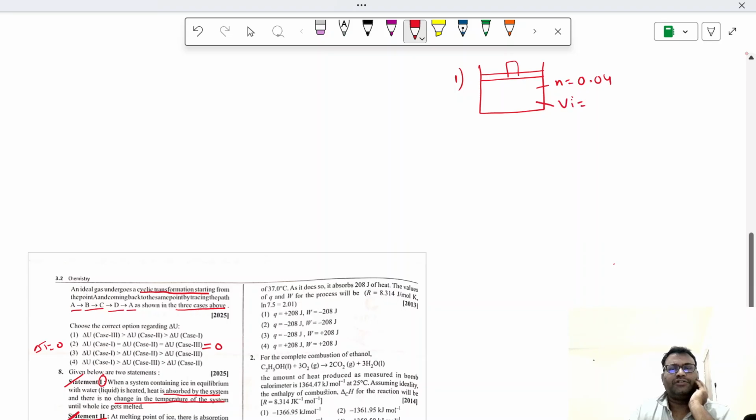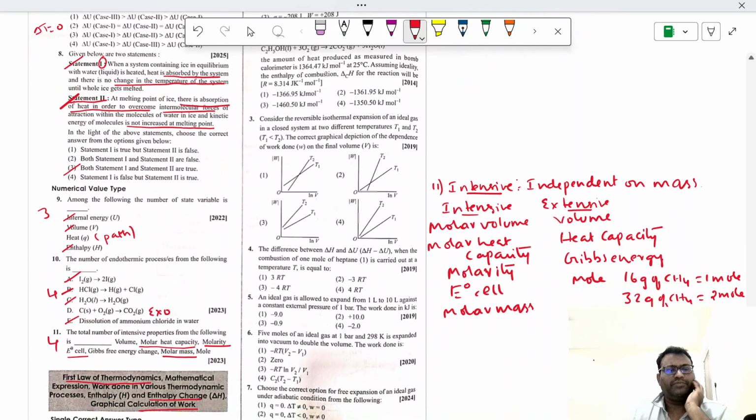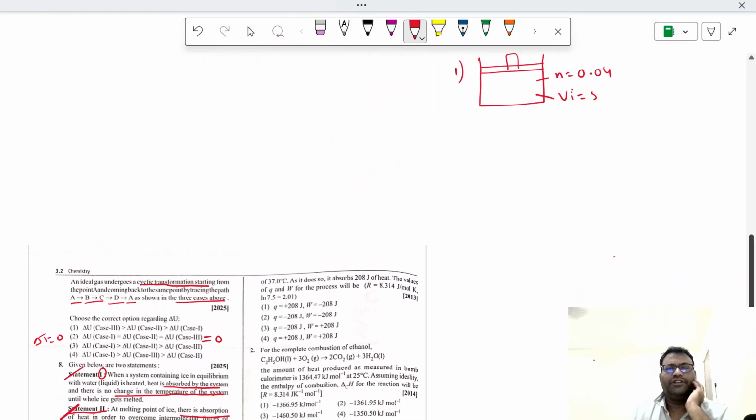Initial volume is 50 ml, final volume is 375 ml, at a constant temperature of 37 degrees centigrade. If you want to convert it to absolute temperature, you add 273 plus 37, which gives 310 Kelvin, right?